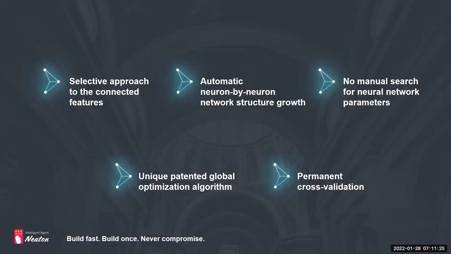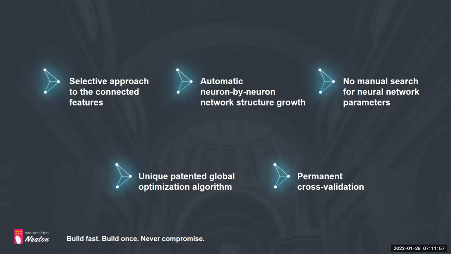Another feature is a very small size, and this is the result of the special architecture of our neural network, because it is created automatically, neuron by neuron. The structured network is growing step by step during the training process. You don't need to put any layers or number of neurons, nothing.